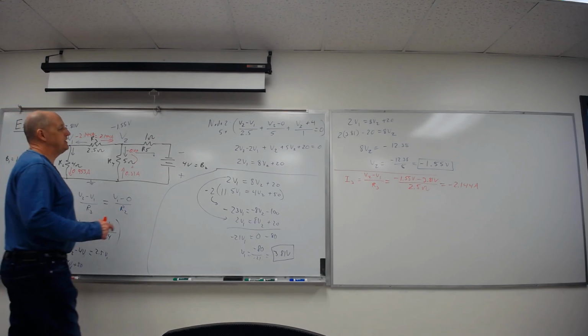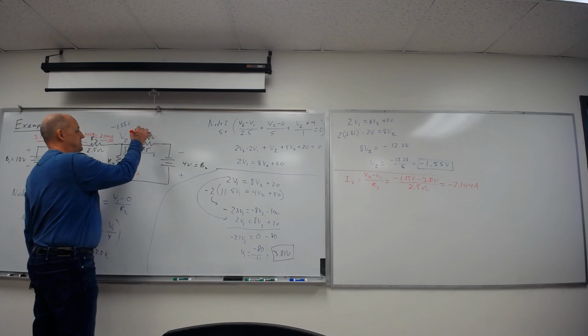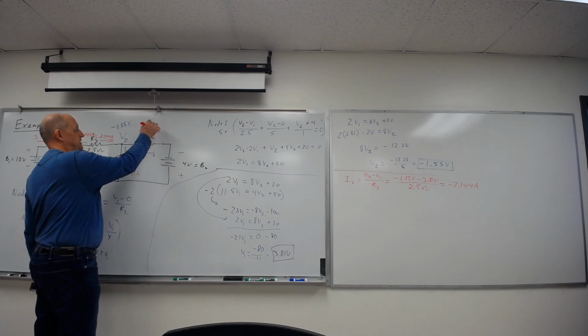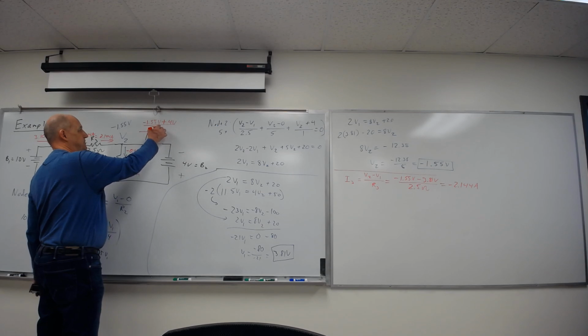All right, how about here? My current, which we assumed goes away, is minus 1.55 volts minus my 4 volts, all divided by 1 ohm.